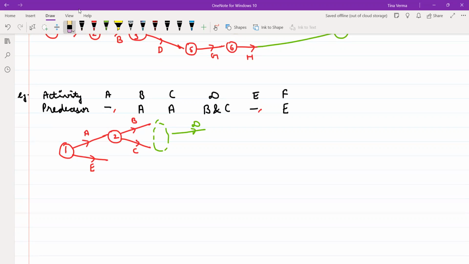No, it is not allowed because the starting and ending of two activities cannot be same. So how can you do it over here? You have to create your dummy. In further, neither do you require C alone, nor B alone. So the direction can be upward or downward, anything you can take. So this is 3 and this is 4, and from here I have to start your activity D.